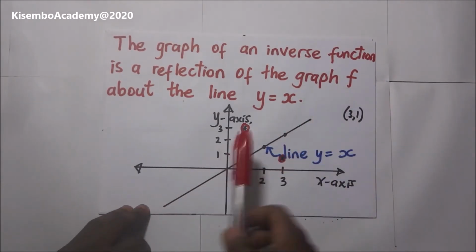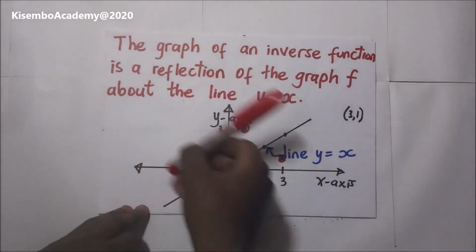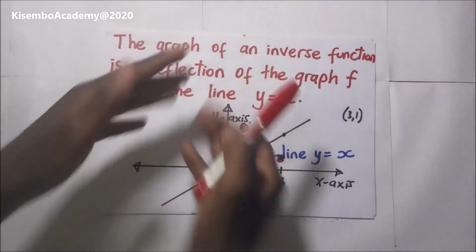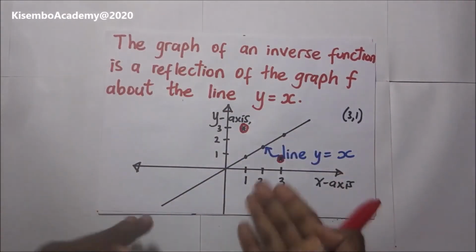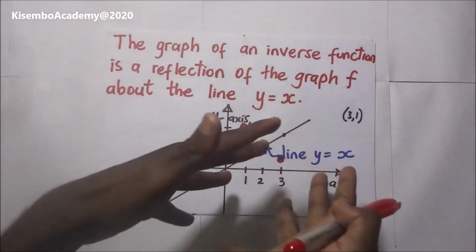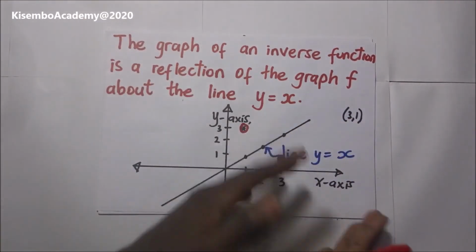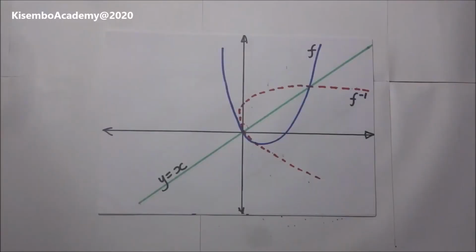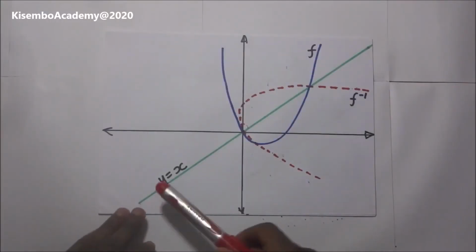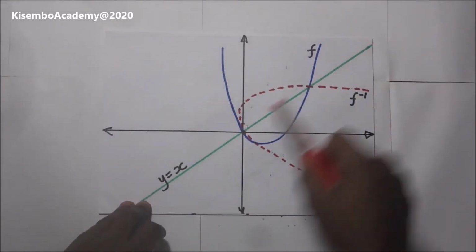So meaning that if you're having a function this side of the line, the inverse function is a reflection of this function along this line. So it will be reflected in this part of the graph. The graph we are seeing right there is just another illustration of what I've been talking about. This is the graph of the line y is equal to x.